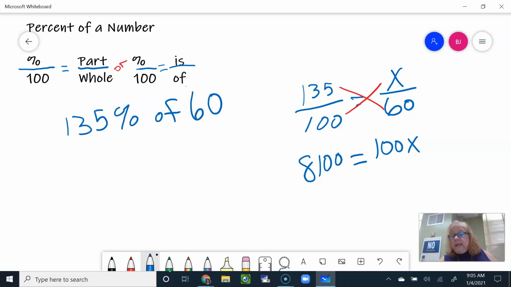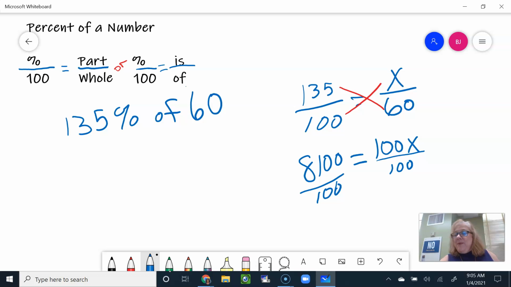Remember, once again, this is a multiplication with a variable, and to solve a multiplication with a variable, we have to divide. So we're going to divide by 100. I'm hoping you guys are saying divide. If you're in class, I'd have you saying divide, yay!